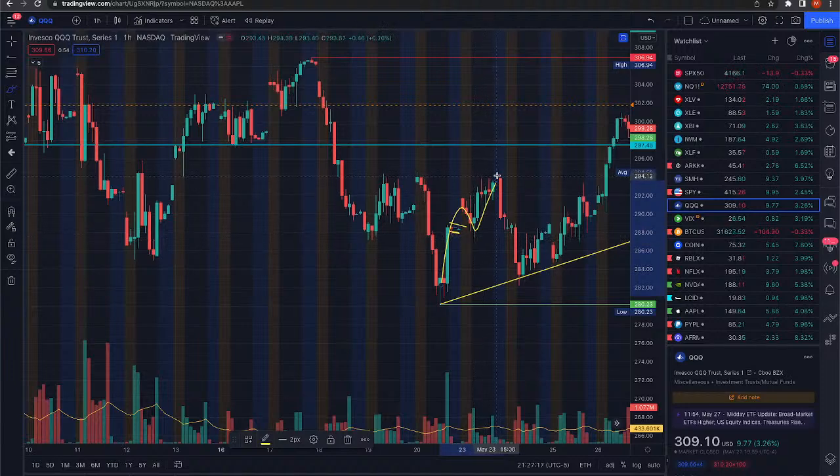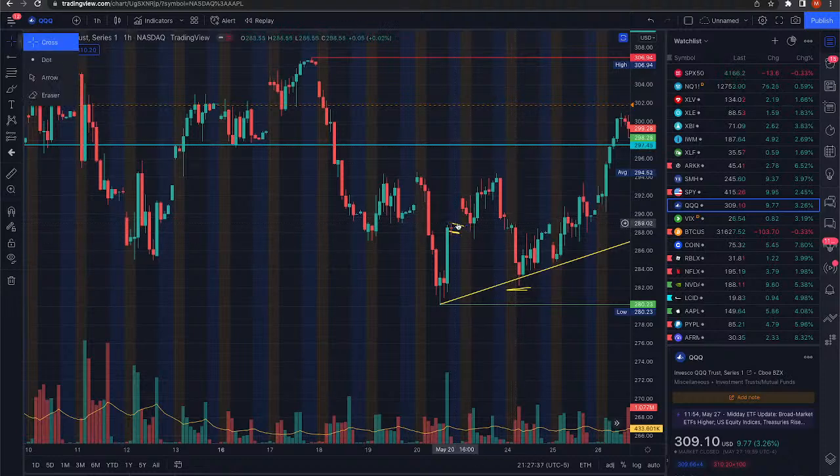But once the 1 hour is lost, then you're looking for a daily. So now we're back all the way down here. When you have a 1 hour move to the upside, your next bounce is going to be big, because you're looking for a daily.